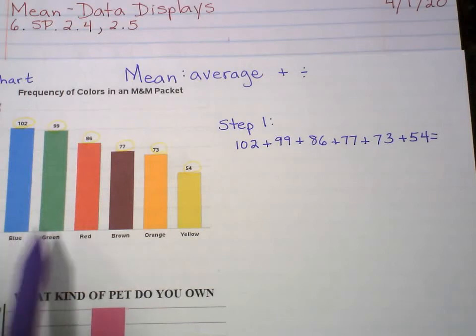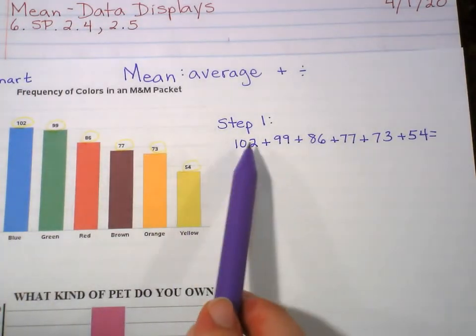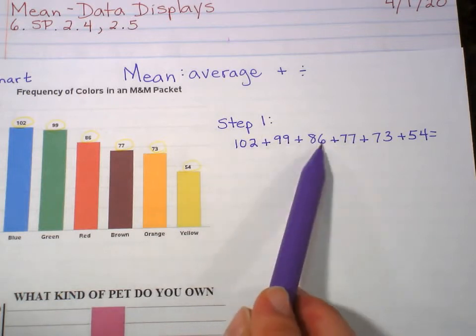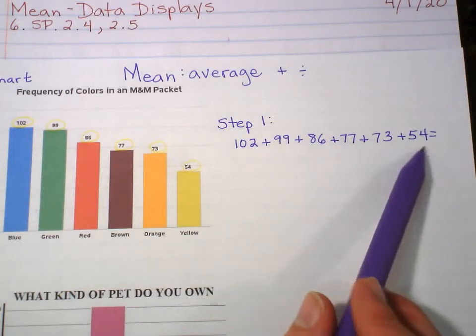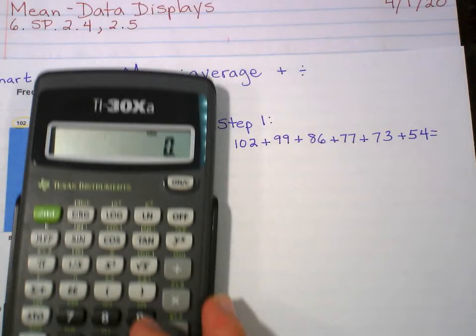We're adding up 1, 2, 3, 4, 5, 6 colors of M&Ms. So check that you have 6 numbers that you're adding. Okay? These are big numbers. Double check your work. Use a calculator.